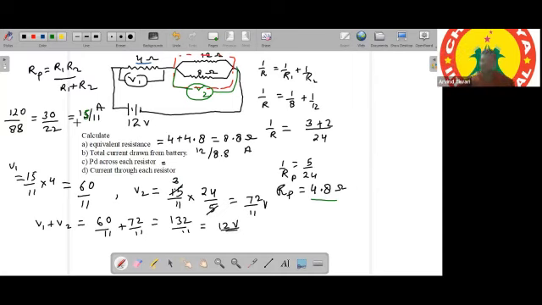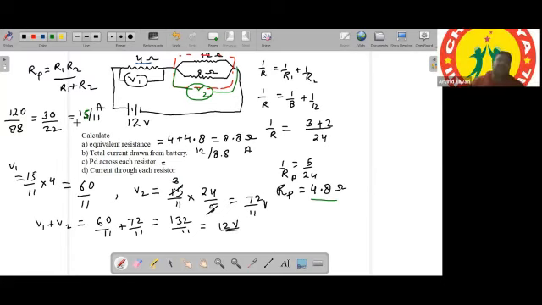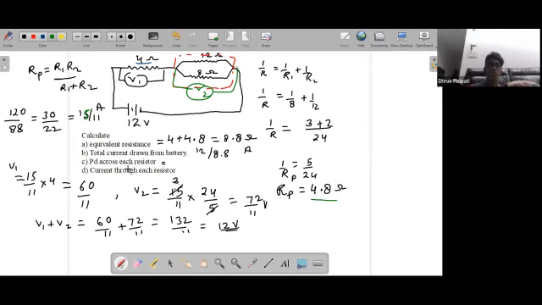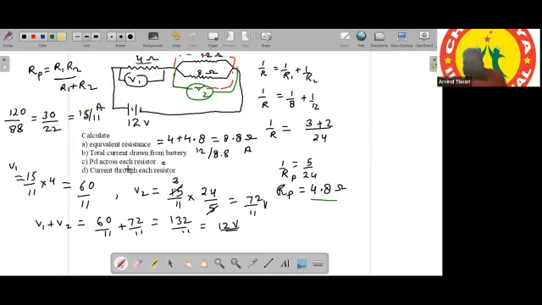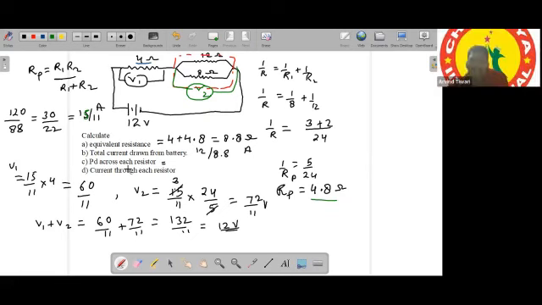Everything is clear? Yes. So who will tell me this? Now see, I think you are having some doubts in the current through each resistor, but you people are not speaking. Dhruv, what will be the current through the 4 ohm resistor? Sir, 15 by 11 ampere.